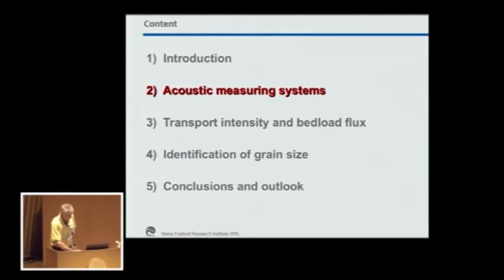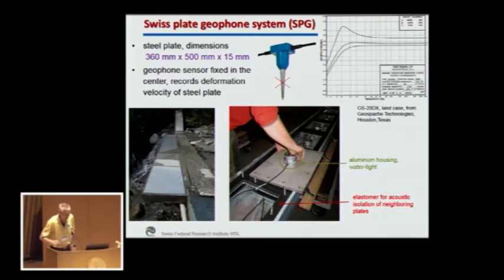Okay, so now a short overview of the acoustic measuring systems that are being used right now. First, I introduce the Swiss plate geophone system. Basically, we use a standard size steel plate, as you can see here. The dimensions are given here on top. And we fix a geophone sensor from underneath, which you can see here.